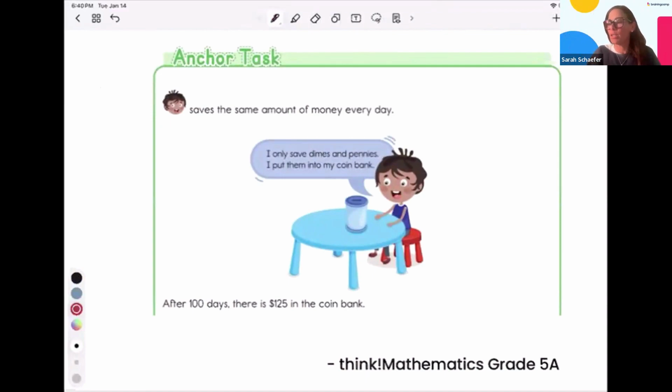And Carlos, as you can see, saves an amount of money every day, the same amount every day. And after 100 days, he has $125 in his coin bank.